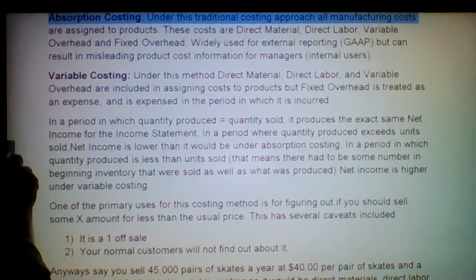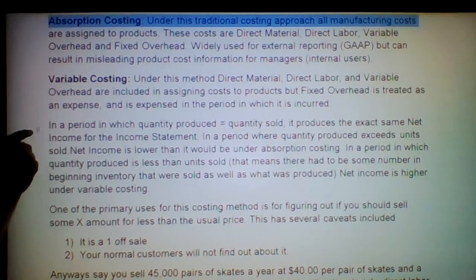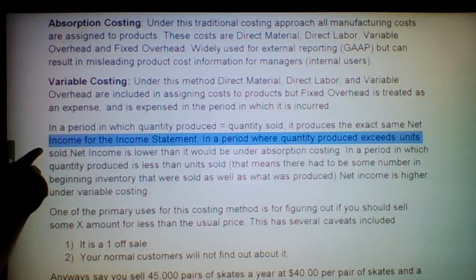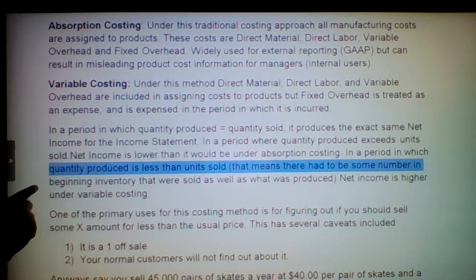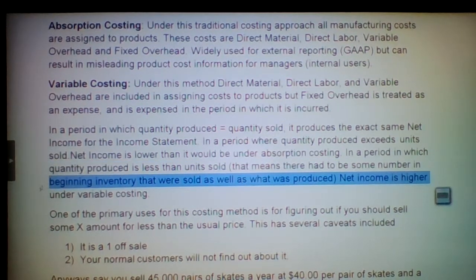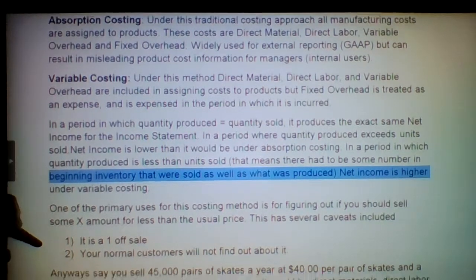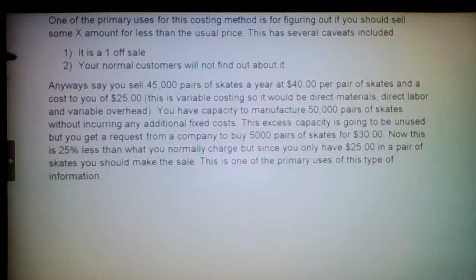So I've condensed it down into fairly small pieces so that you can understand the purpose and why you do it. Because it breaks it down, it has several different income statements in there showing where the prices change when you underproduce or you overproduce or you produce just right. And then it just discusses one of the primary reasons for using absorption costing.